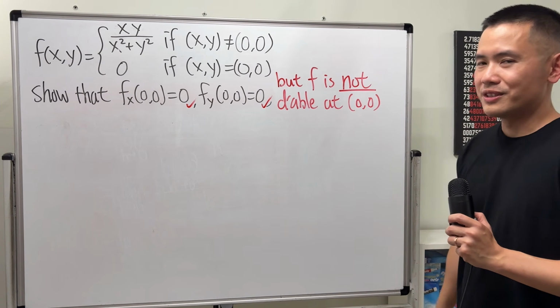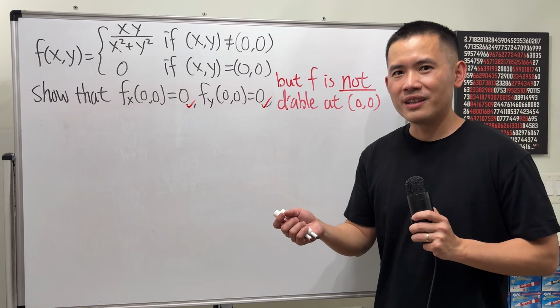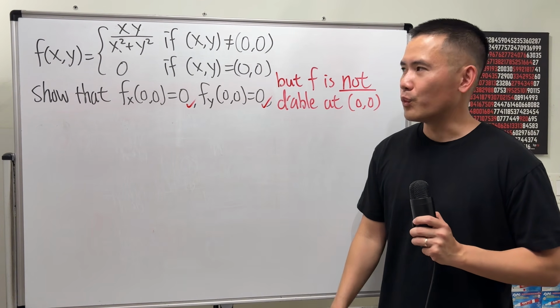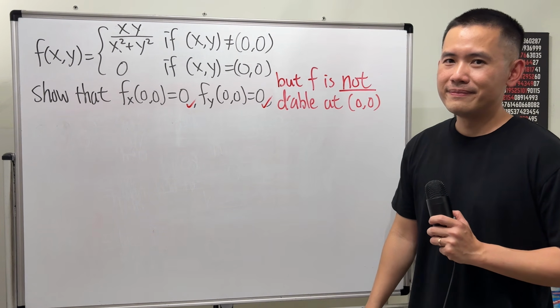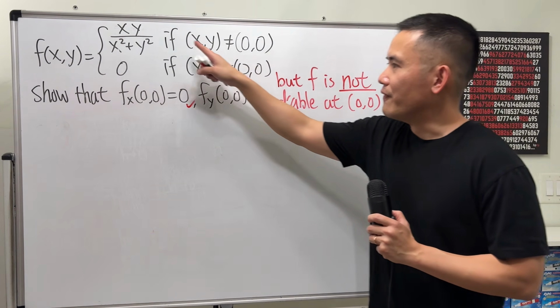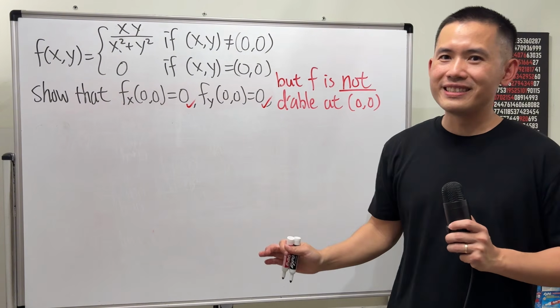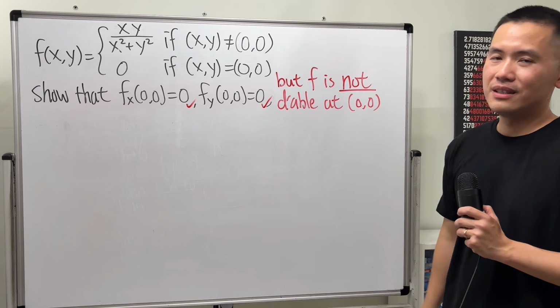So how can we show this though? Let's think about the things that we did in Calc 1. How can we show a function is not differentiable without doing computation? Because most likely the computation will be pretty hard. The answer is, if we can show that the function is not continuous at the origin, then we can show that the function is not differentiable.